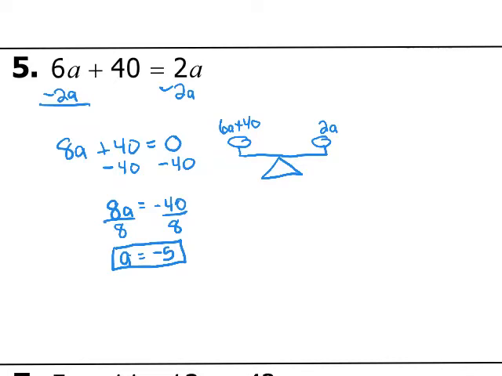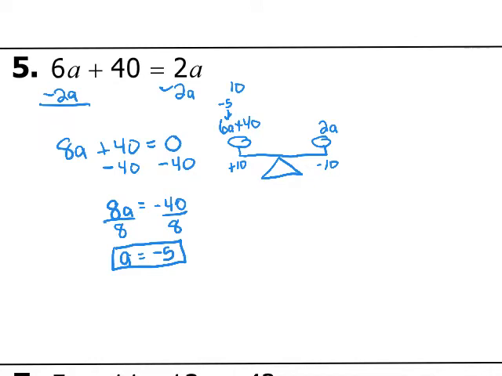So negative 5 times positive 6, that equals negative 30. Negative 30 plus 40 is positive 10. So this side weighs plus 10. Negative 5 times 2a is minus 10. Therefore, this side weighs minus 10.